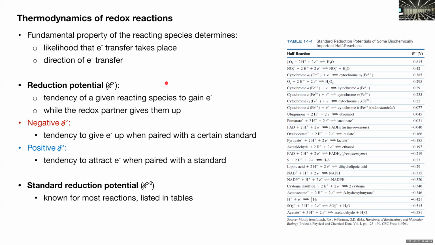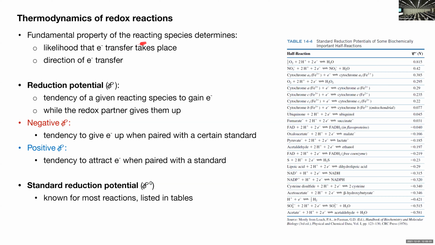And let's understand redox reactions a little better by considering the energy changes and the thermodynamics here. By understanding the fundamental properties of a reacting species in the redox reaction, again coupled reactions, you can determine the likelihood of whether that electron transfer will take place or not.